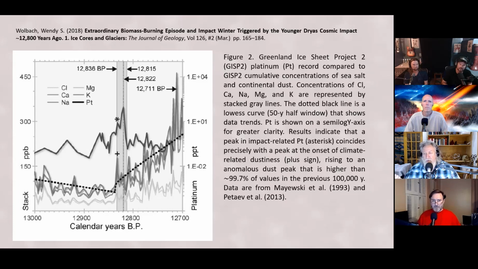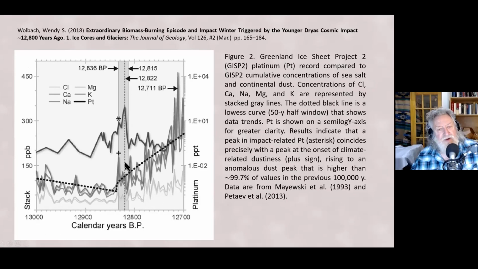Well, both from the ocean and also from the continents. So what's interesting is that you'll notice right here, this one looks like the potassium and the sodium. Like three of them have a huge spike right here at the beginning, again exactly coinciding with the onset of the Younger Dryas.